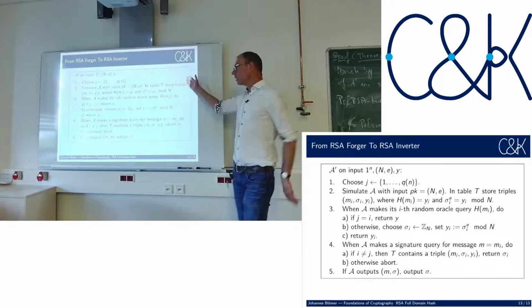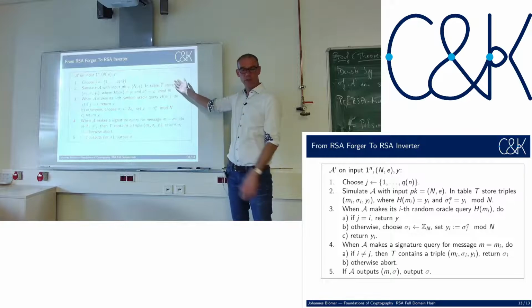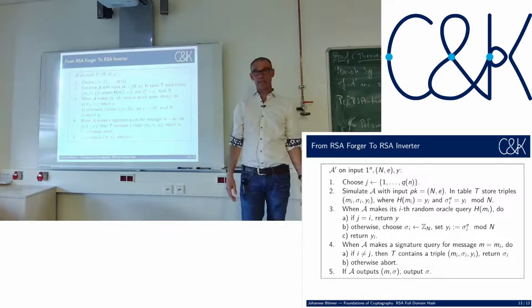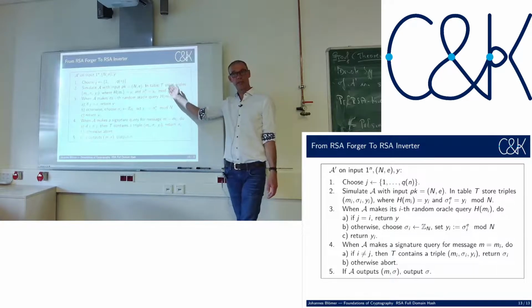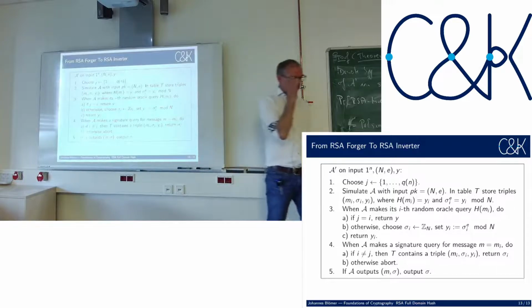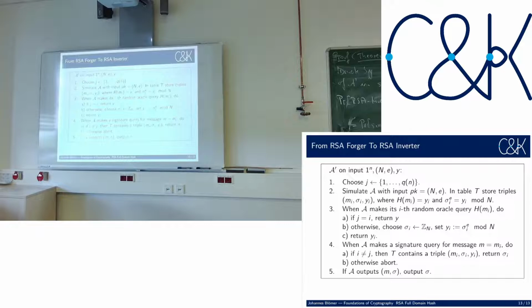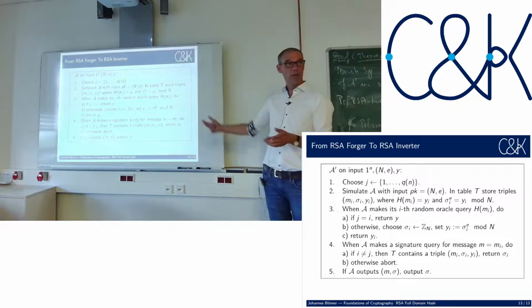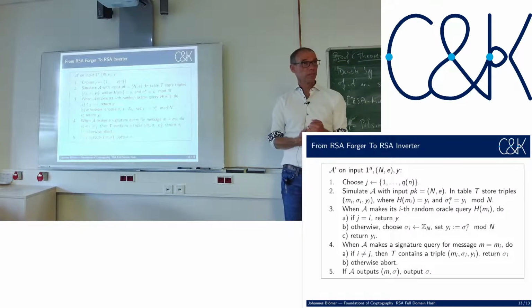And then this is, as you can see, a version of bit guessing, obviously, the technique that we used. So it's a combination of three techniques: bit guessing, the random oracle as the overarching theme, and then programming the hash function.